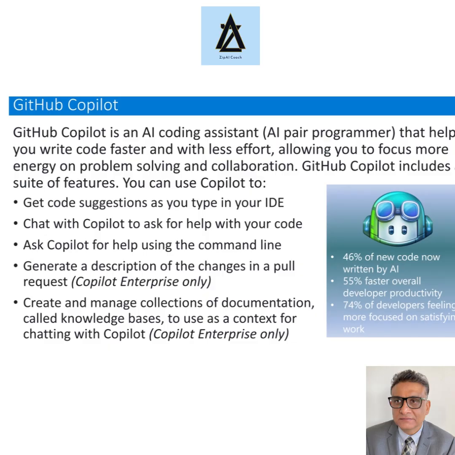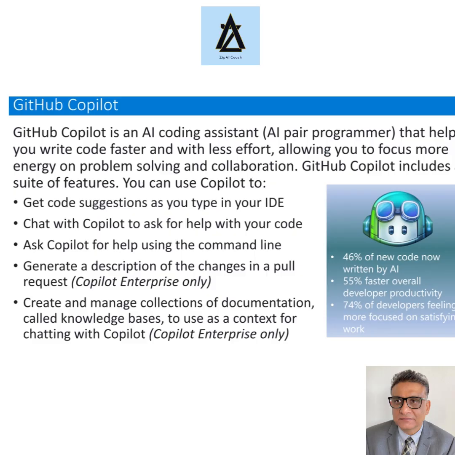It can also do things on the command line, generate descriptions of the changes in a pull request, and create and manage collections of documentation called knowledge bases, which are used as context when you are chatting with Copilot.